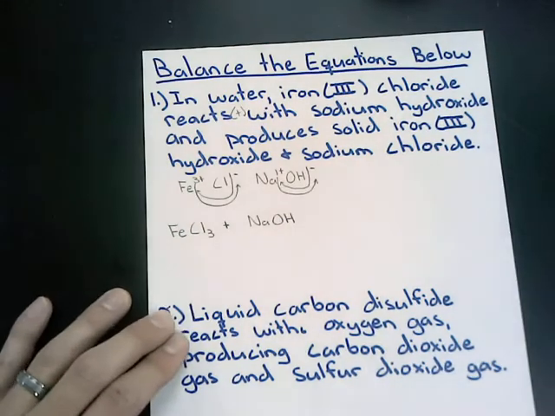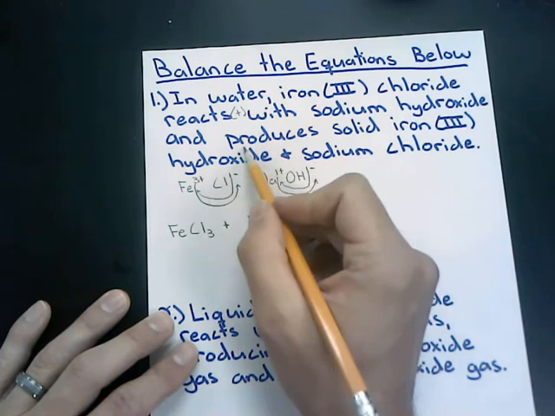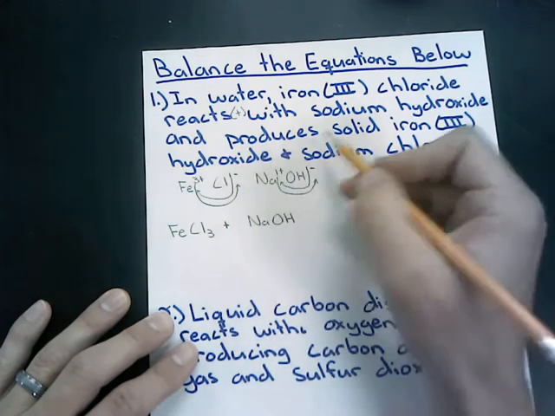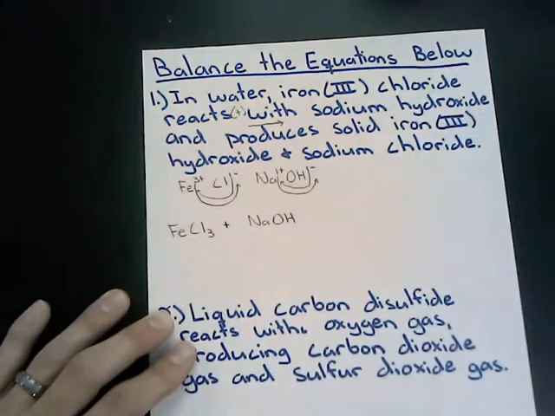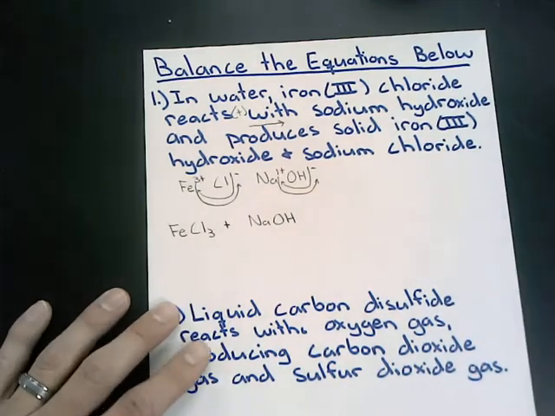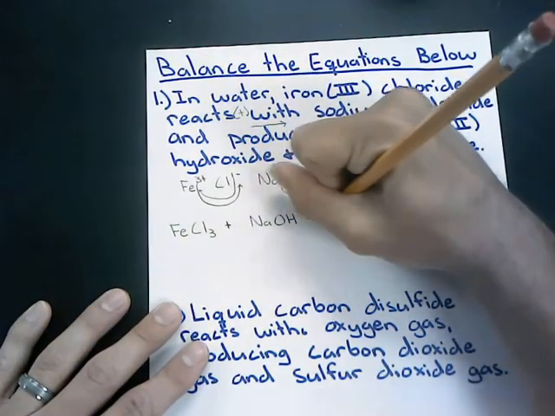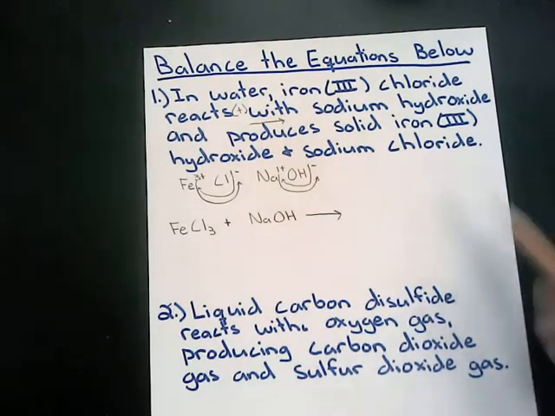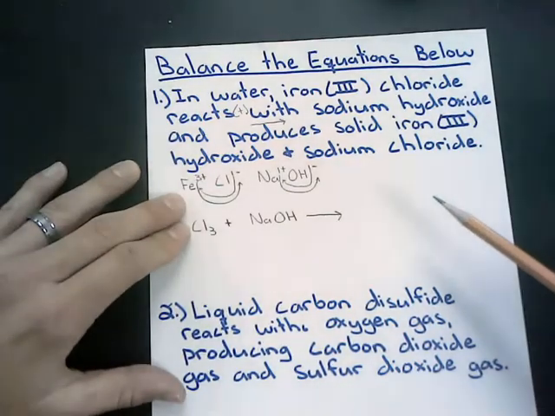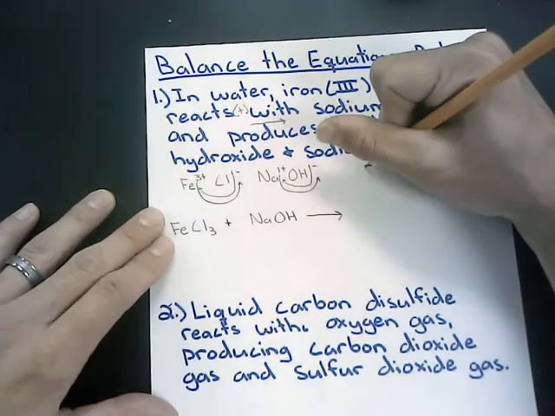And then you see here this sign that says produces. This right here, and I'm going to write above it, this is another word to represent draw that particular arrow. So I'm going to draw my arrow. And it says it produces solid iron 3 hydroxide. So again, the symbol for iron was Fe.